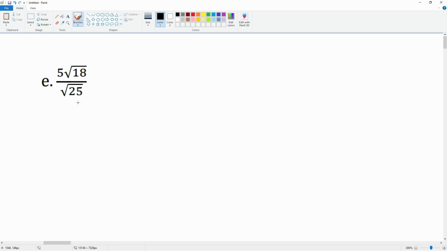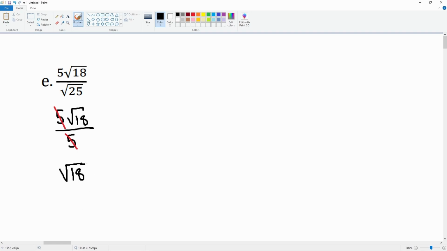Next, here we want to rationalize the denominator. However, we should already notice that the bottom, the square root of 25, can be broken down into just 5. Then this does cancel because a 5 and a 5 become 1, leaving you with just a radical 18.